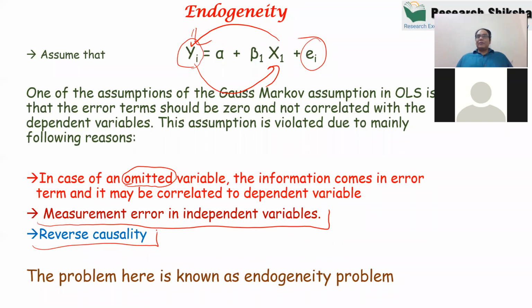Because of that you have a problem, and the problem is known as the endogeneity problem. Now, in most research, we want to explain the dependent variable. The purpose is to explain the dependent variable. So one simple question comes: have you incorporated all the variables in the model which can explain the y?